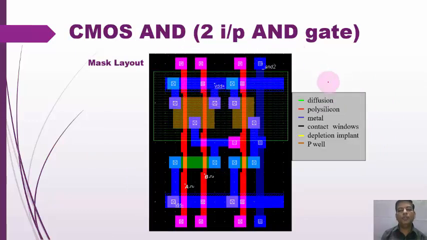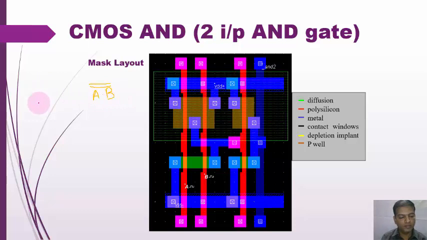Here is the CMOS two-input AND gate, as per the earlier NAND gate diagram. Here we have to draw that NAND gate by using two PMOS and two NMOS, and they are in a series, and here an inverter is there, the complement of A dot B double bar.